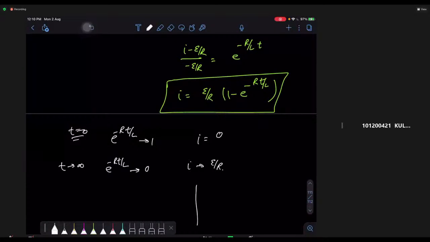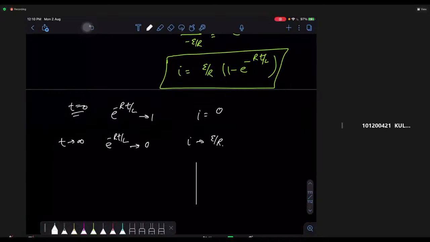If we plot the graph here, you can see that it is rising, rising, rising. It is approaching my constant value. After a very long time, how much is the current here?